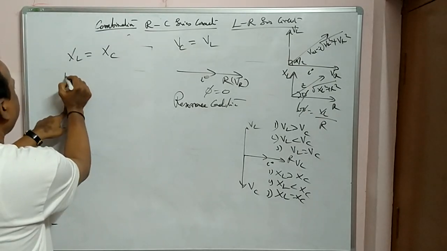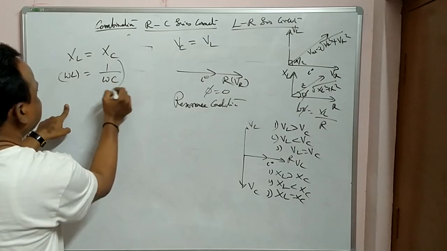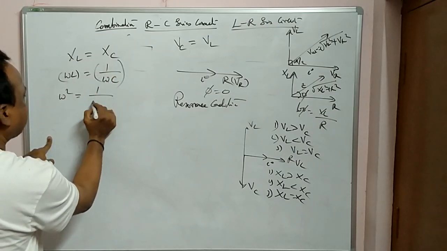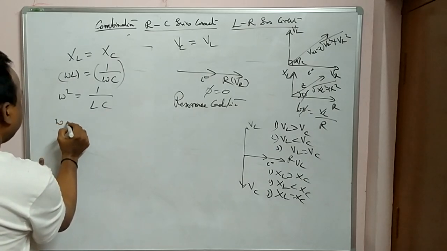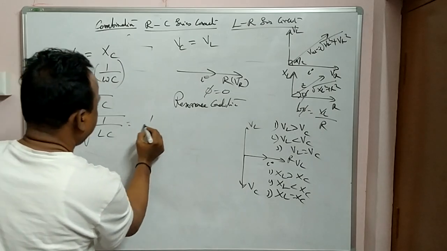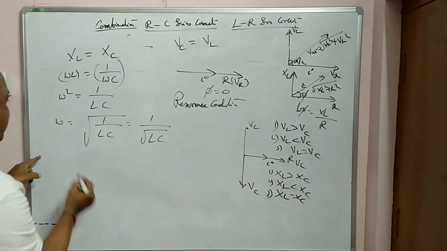So XL, omega L, is equal to XC, 1 by omega C. Or the angular frequency omega square is equal to 1 by LC, with inductor and capacitance, or omega is equal to root over 1 by LC, that is, 1 by root LC. This omega is the angular frequency.